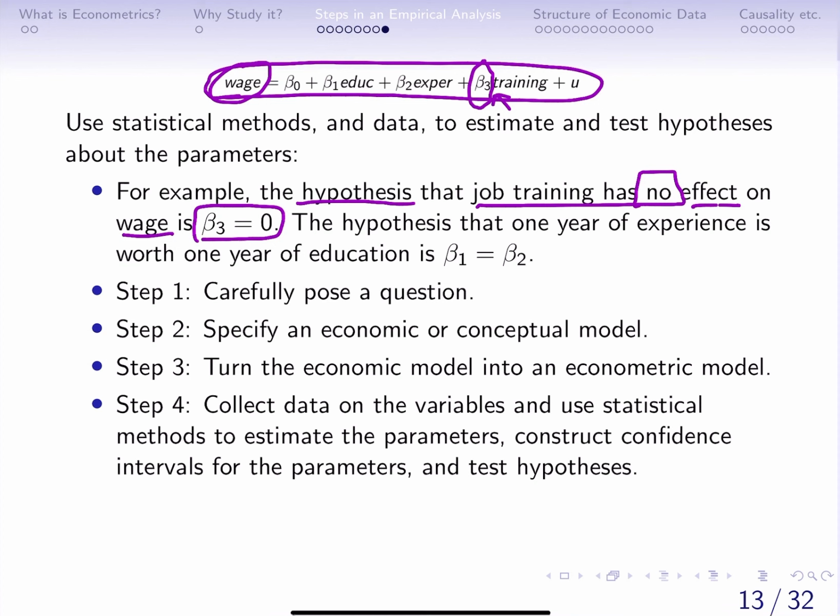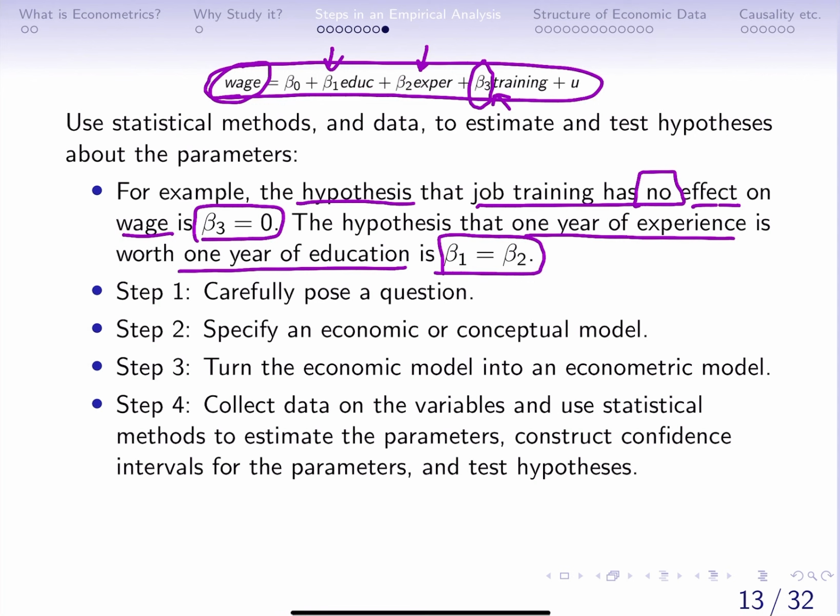Maybe we want to test another hypothesis, which is to say that maybe having 1 year of experience is worth the same as having 1 year of education. So we're basically saying the effect that education and experience have on wages is equal. So that is to test the hypothesis that beta 1 is equal to beta 2.